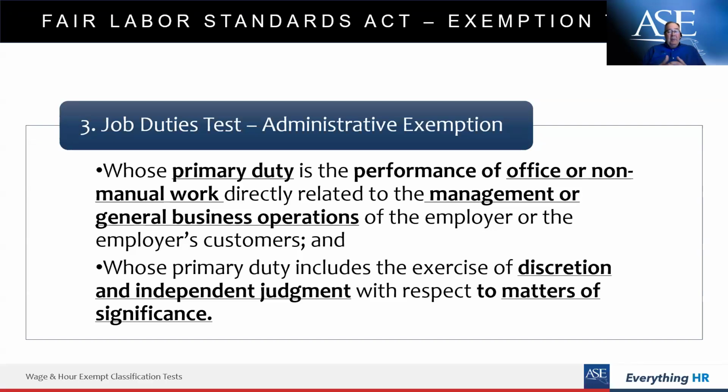And then they would have to have the authority, the discretion and independent judgment, and have the authority to exercise that to matters of significance. So what are we talking about here? We're talking tax specialists. We're talking insurance adjusters.